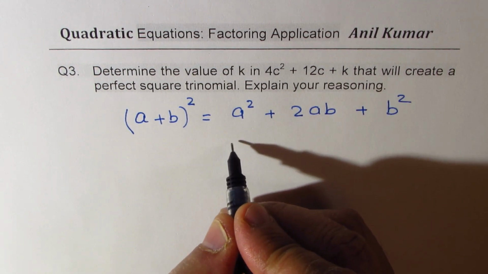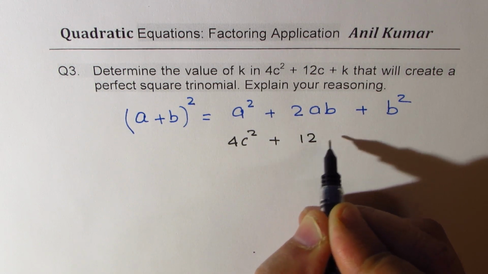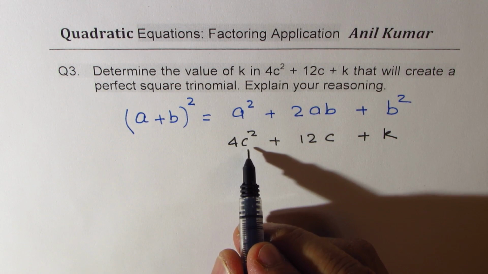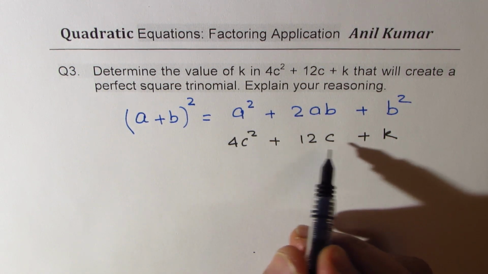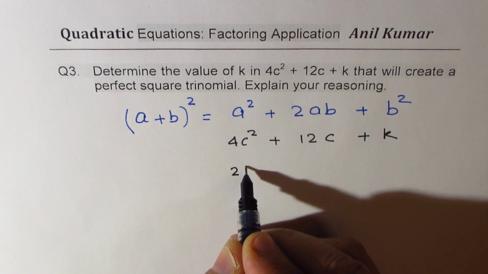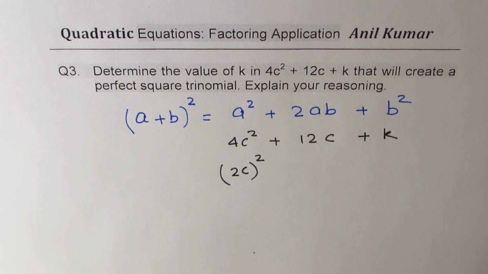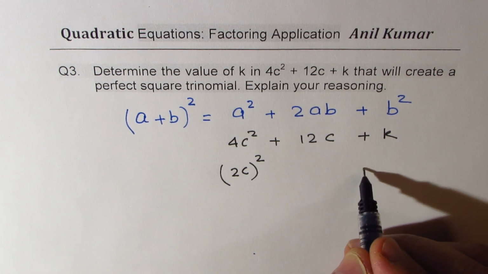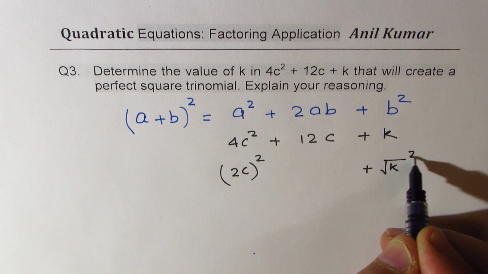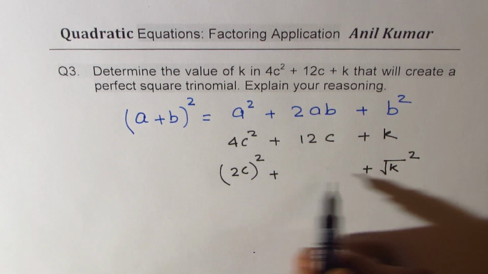What are we given? We are given 4c square plus 12c plus k. So our variable is c, right, in this case. So I could write 4c square as 2c whole square, correct? Now k could be written as square root of k and then whole square. And the center term should be 2 times these 2.